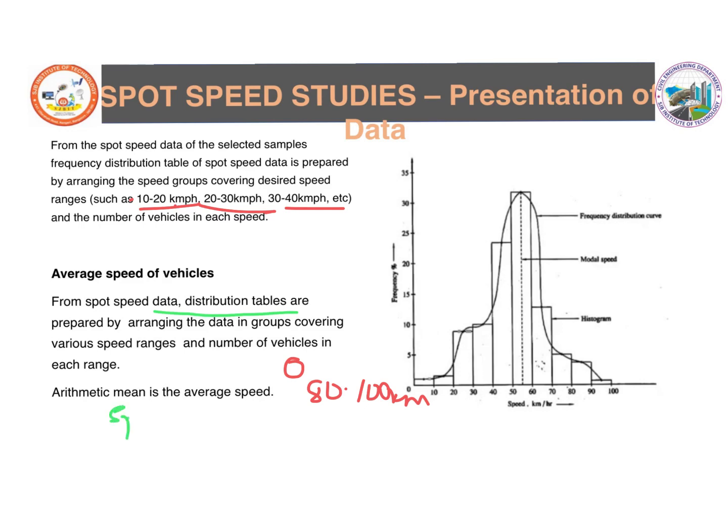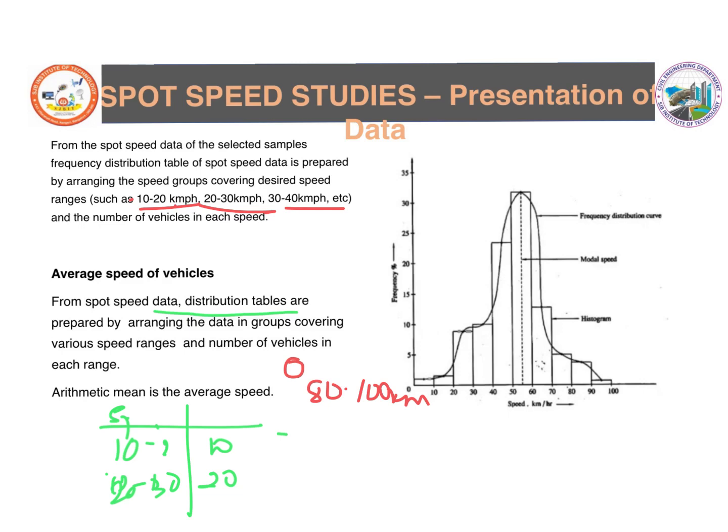We will have the speed ranges, like 10 to 20, 20 to 30, and also the number of vehicles within each particular speed range. That table we call the frequency distribution table. After this we will plot. Once the frequency distribution table is ready, we do certain calculations, and I'll show them to you when we do the calculation.